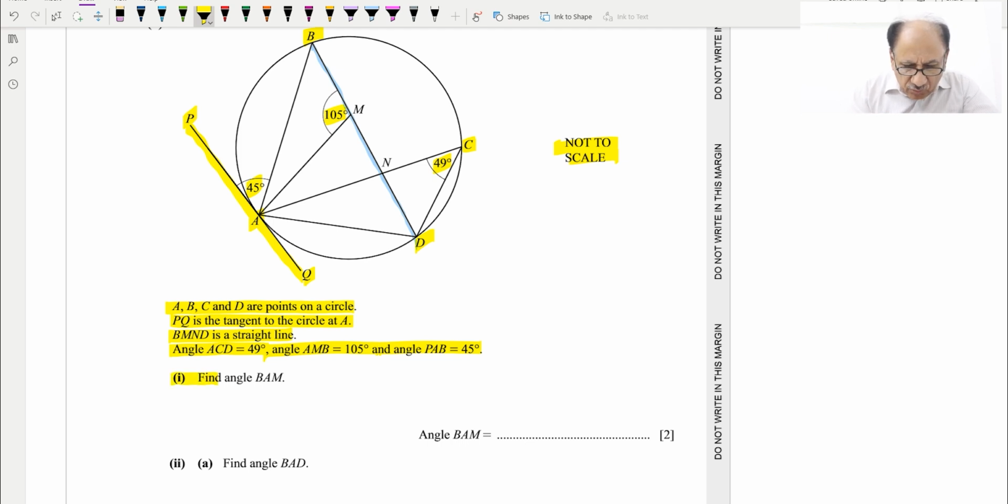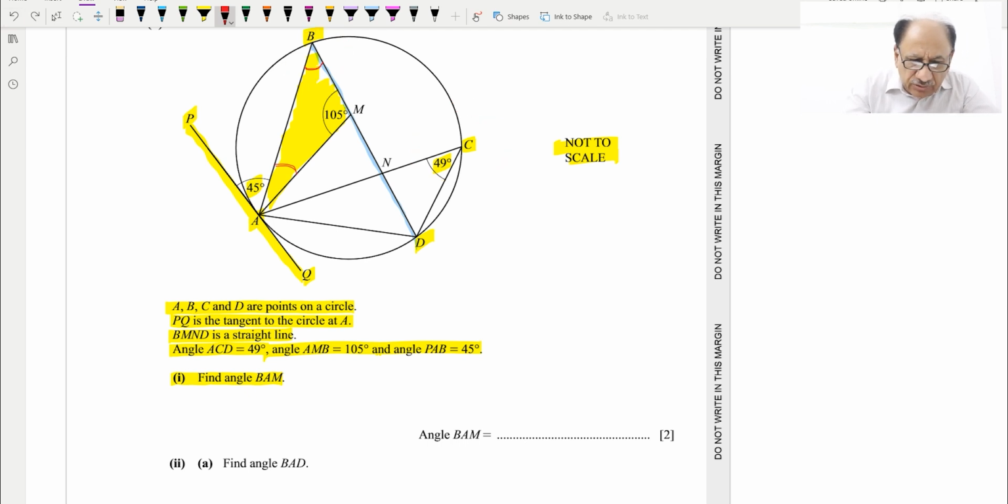The part 1 is find angle BAM. So BAM is required. BAM is which angle? BAM is this angle. So in this triangle we have one angle 105, and if we find this top angle B, then two angles of this triangle will be with us, so we'll be able to find the third angle. So because this is 49, this is top angle, so this will also be 49.